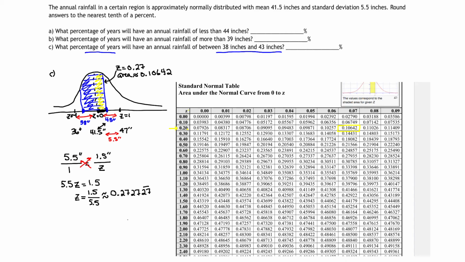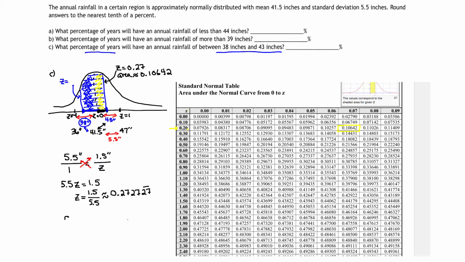Now let's go to the left side in that blue band that I've highlighted. This time we want to focus on this z-score, and to get that z-score, again, I'm going to set up a proportion. This time I want to find the difference between 38 inches and 41.5 inches, which is actually 3.5 inches.